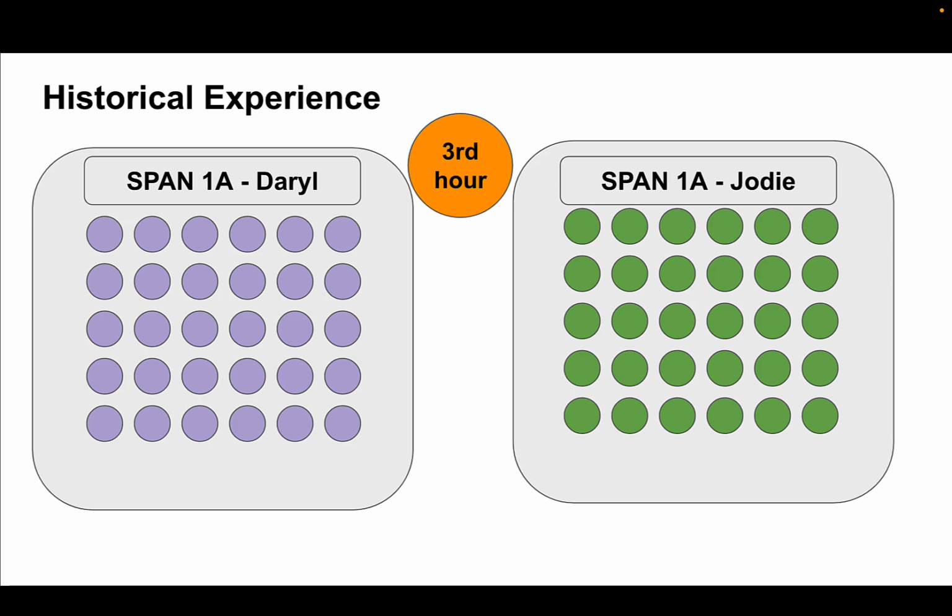So on this slide, you'll notice that third hour, Jody and I both taught the same class. So we took our 30 students and really became our combined 60 students.